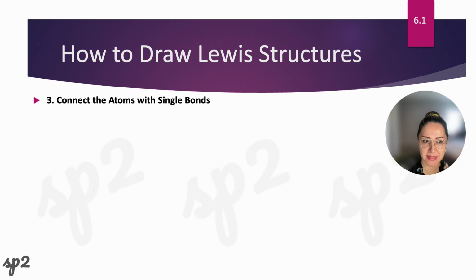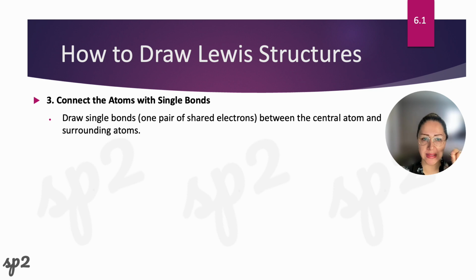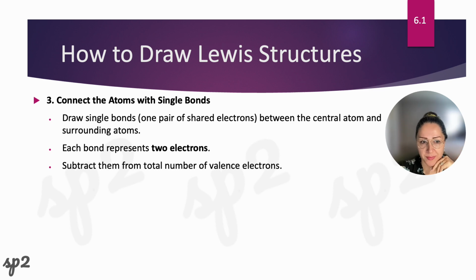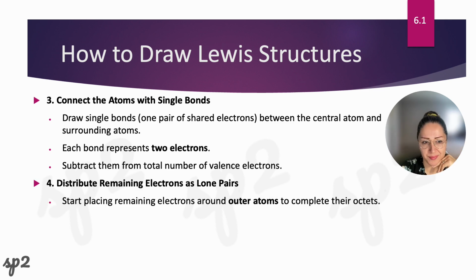Then we're going to go ahead with step number 3, which is connecting the atoms with single bonds. When you draw a single bond, that means you have used 2 electrons, right? One pair of electrons, which represents the shared electrons between the center and whatever that atom is. You need to subtract that from your total number of electrons, right?